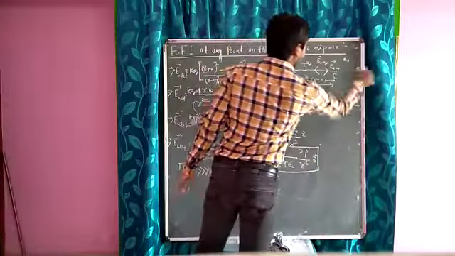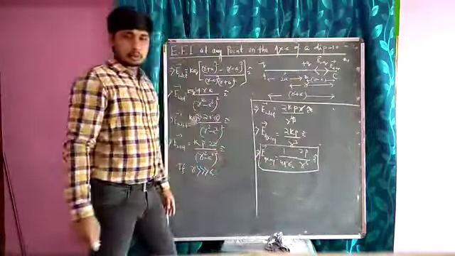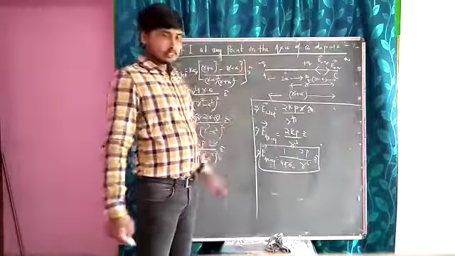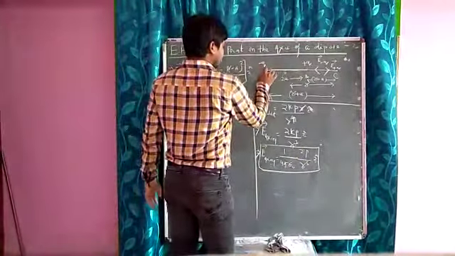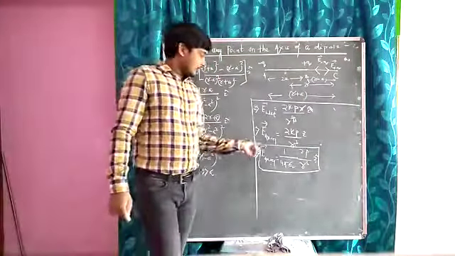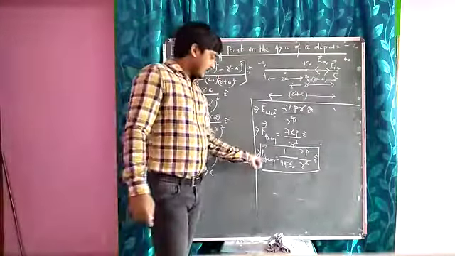That means in this direction the net electric field is there in the positive x-axis, and the dipole moment P vector is always directed from negative to positive charge. So you just see the direction of the dipole moment is negative to positive. That means same along the positive x-axis. Hence we can say that in case of the axial line, the direction of the net electric field and the dipole moment are same. So this is all about how to calculate the electric field intensity at any point on the axis of a dipole.